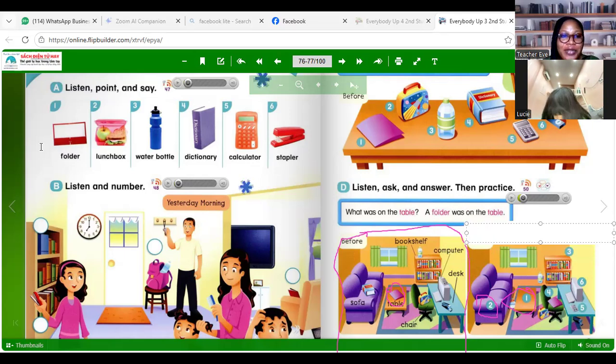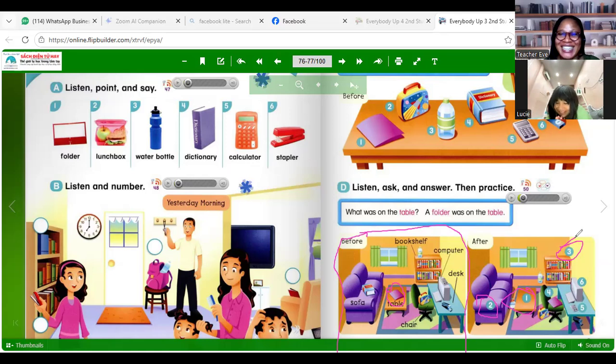So let's move down to number three. What was on the bookshelf? A water park was on the bookshelf. That's my girl.